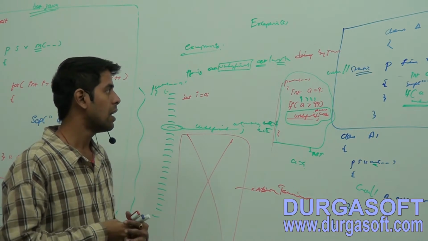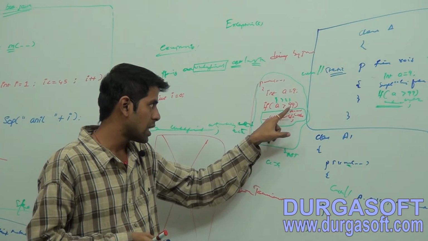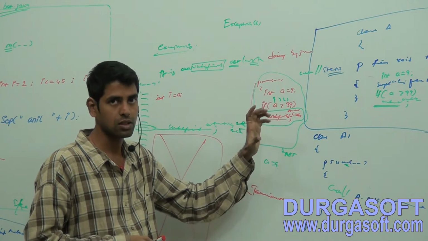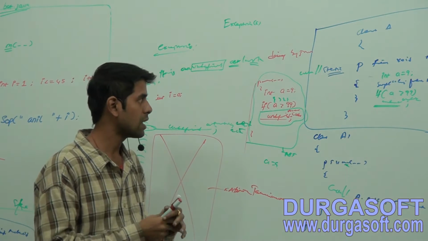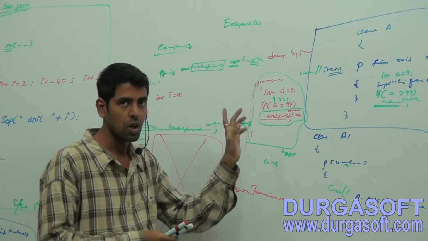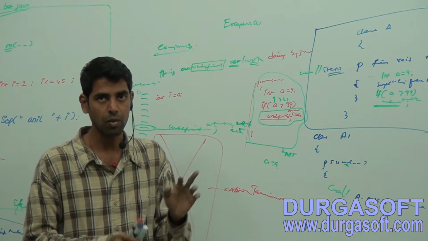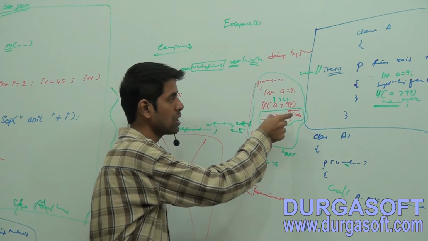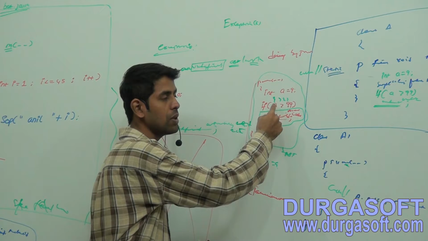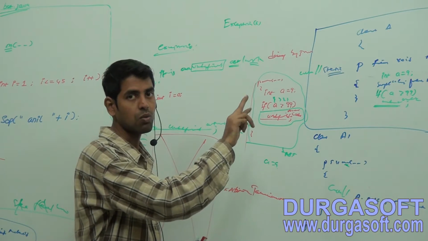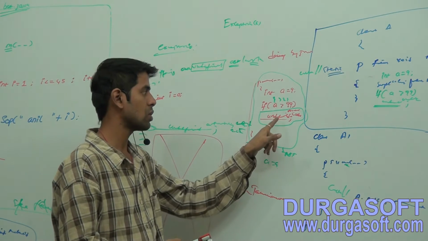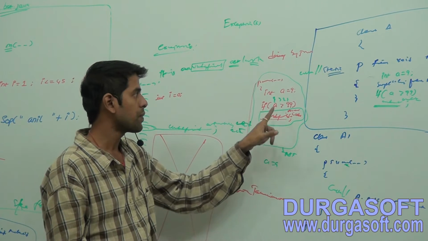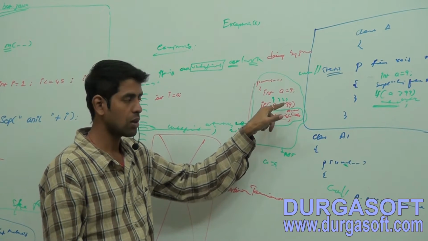Observe, if a value is greater than 99, then only this will get executed, otherwise this code will not execute by the JVM. Dangerous code is there, but there is a condition for the JVM to execute it: if a is greater than 99, then only it has to execute.